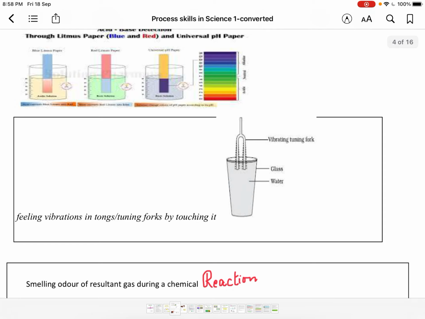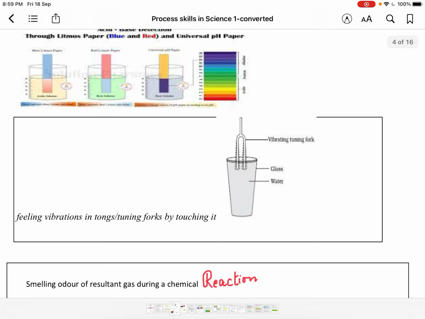Here a tuning fork is shown, and when the tuning fork is struck on the table, it starts to vibrate, but that vibration may not be visible to our eyes. If after striking on the table you dip the tuning fork into a glass full of water, we can see that the glass surface is shaking.